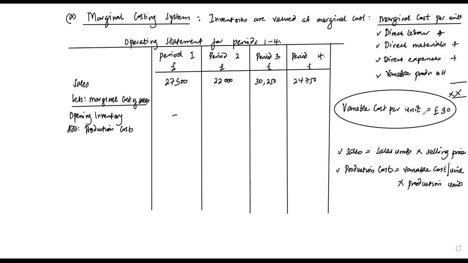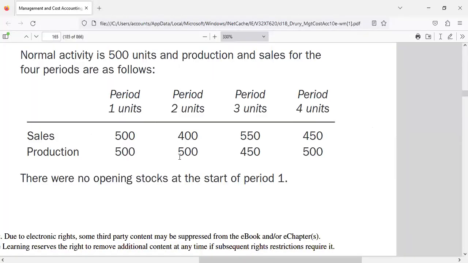Remember, the variable cost per unit is 30. We get that 30 times the production units for each period. So in period 1, it is 500 times 30. Period 2, it is 500 times 30. Period 3, 450 times 30. And then period 4, 500 times 30.